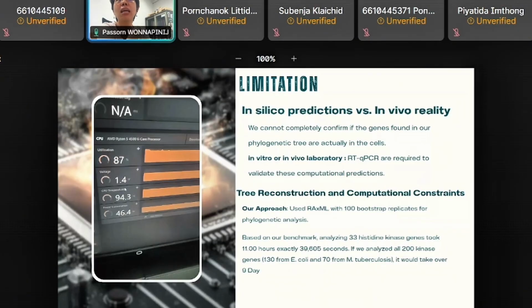No, I'm asking about the length of the sequence alignment. Oh, length of sequence. So you did amino acid sequence alignment, right? Yes. Have you taken a look at the alignment result before you perform phylogenetic analysis?